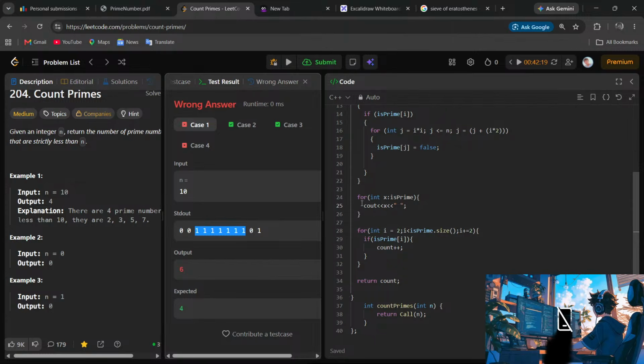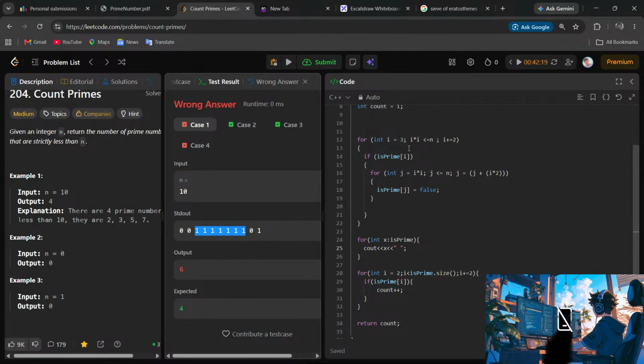So basically what I am doing here is that I will not check for any even number or any number that is divisible by 2. I'm only checking for the numbers that are odd basically.